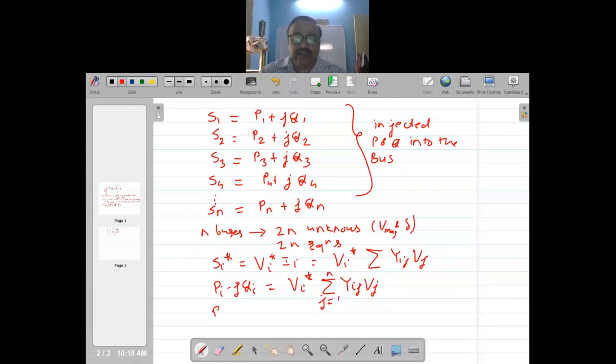Then I can write two equations: Pi is the real part of all this and Qi is the minus of the imaginary part of this.